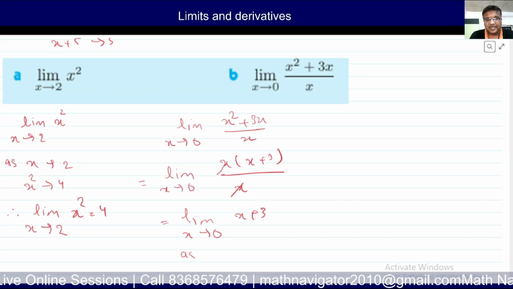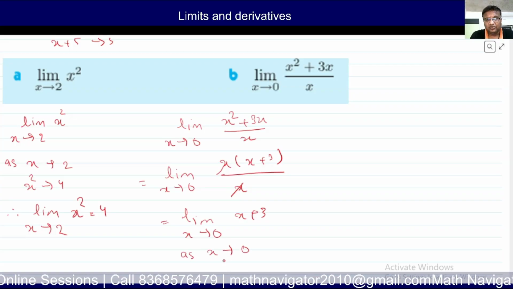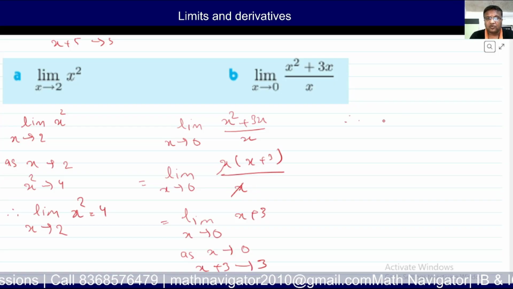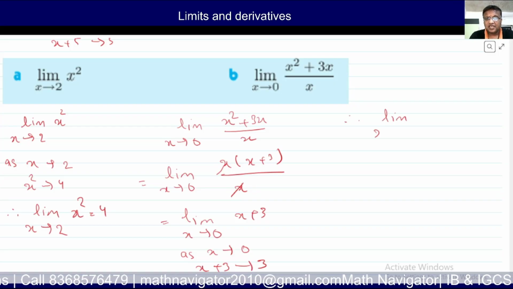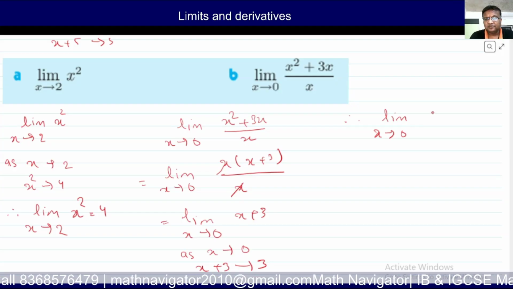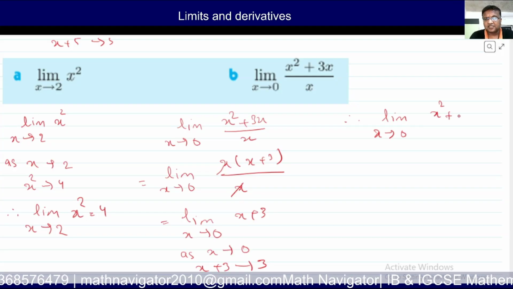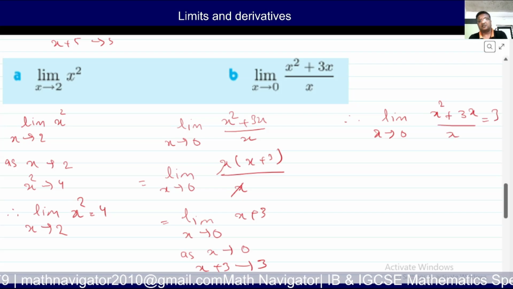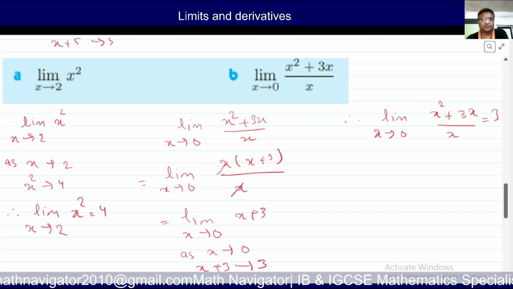So as x tends to 0, x plus 3 tends to 3. Therefore, limit x tends to 0 of (x squared plus 3x) by x is equal to 3. I hope this is clear. What is the advantage of it? We will do that subsequently, right?